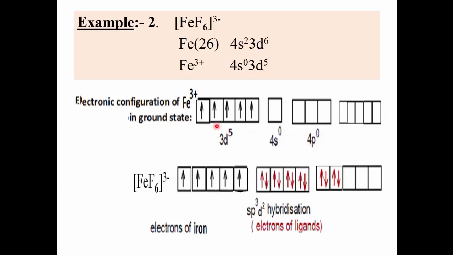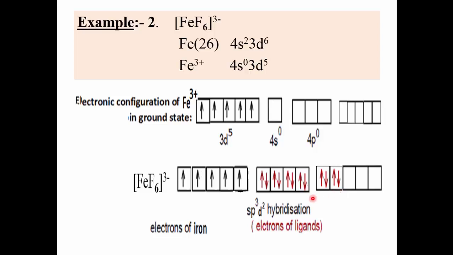Same is shown here: 3d contains 5 electrons, no electron in the 4s orbital, 4p orbital as well as 4d orbital. In this complex, what happens? The metal ion uses the 4d orbitals for hybridization, sp3d2. In case of the previous complex, the 3d orbital is used.